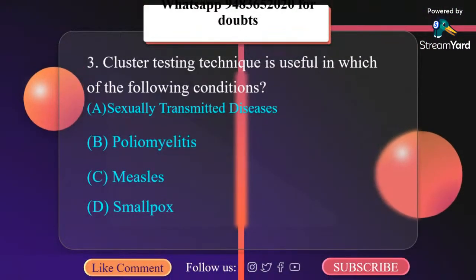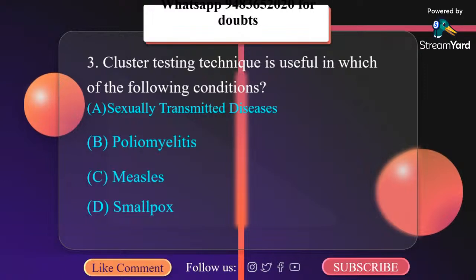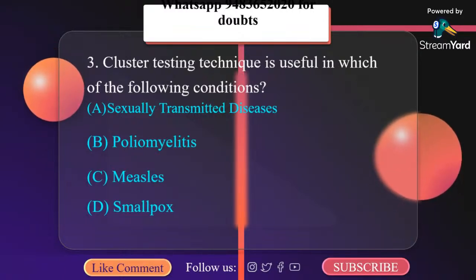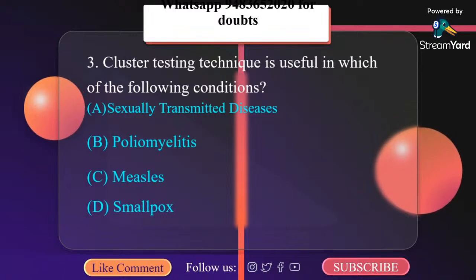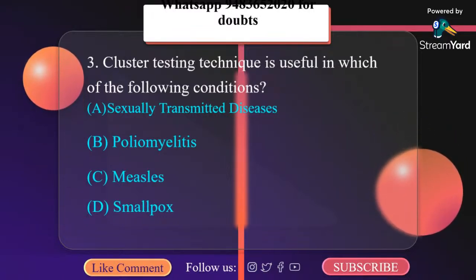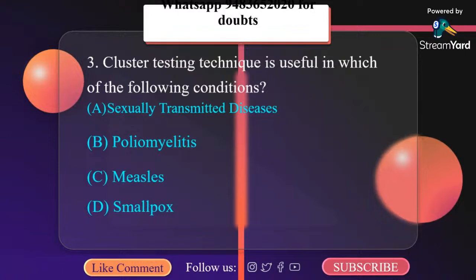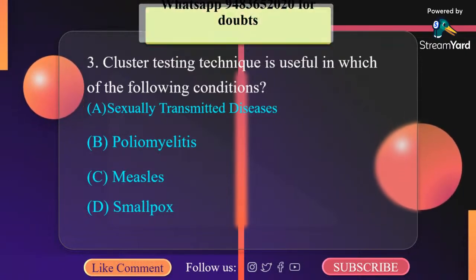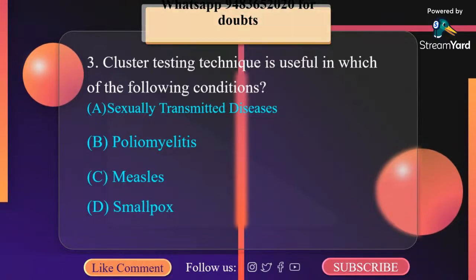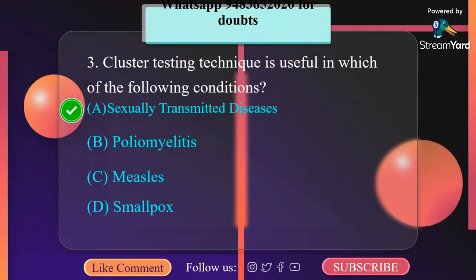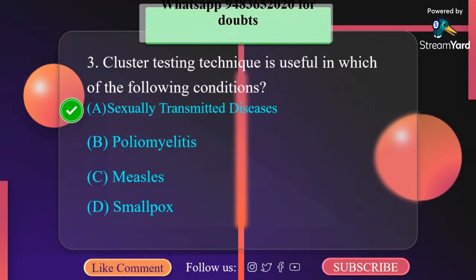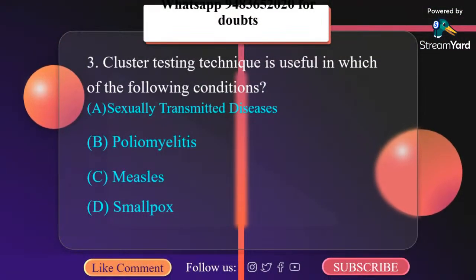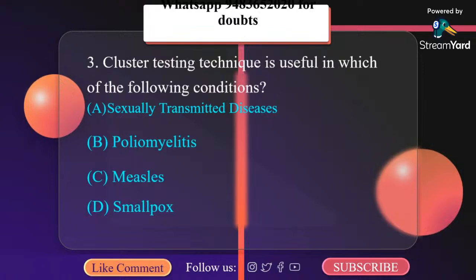Cluster testing technique is useful in which of the following conditions? A. Sexually transmitted diseases, B. Poliomyelitis, C. Measles, D. Smallpox. Sexually transmitted diseases. Cluster testing technique is used in which of the following conditions? Same question it is.